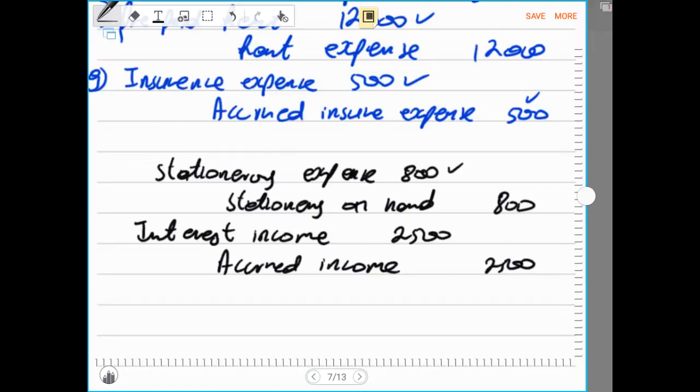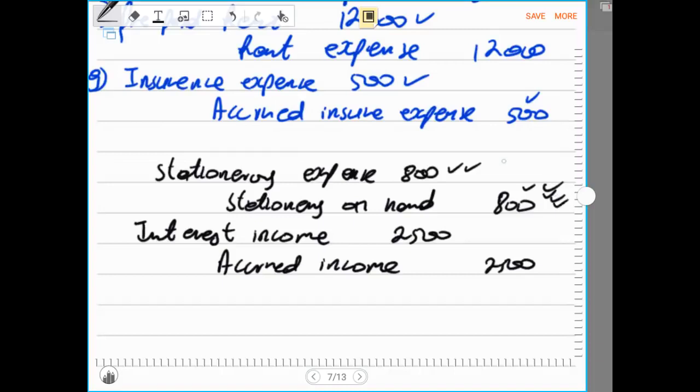So now immediately the minute we have done the reversal, we have to also record this reversal. Remember, this has been recorded because here we are cancelling the credit side, which is stationery on hand.